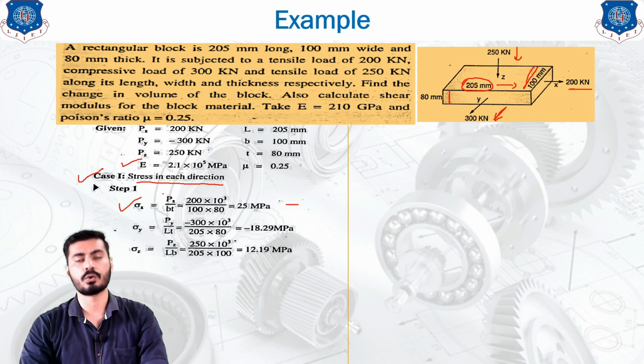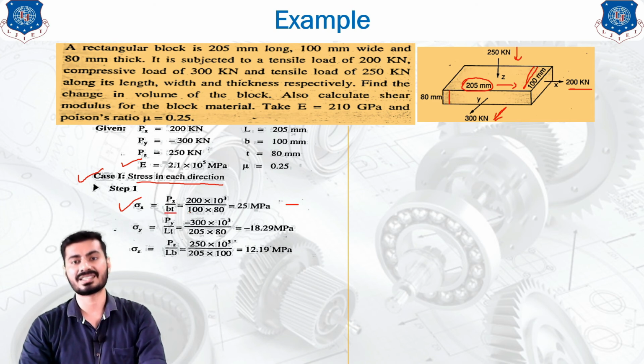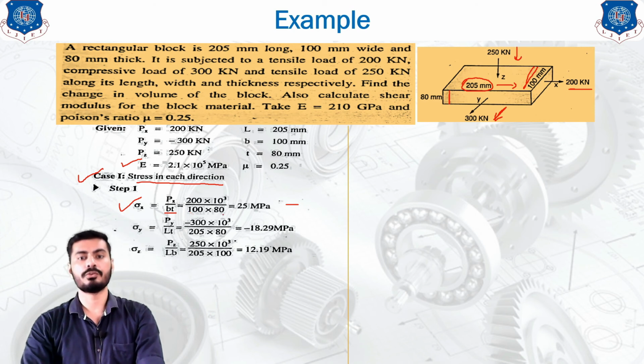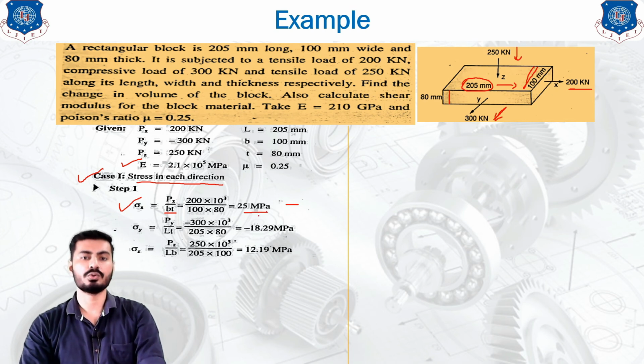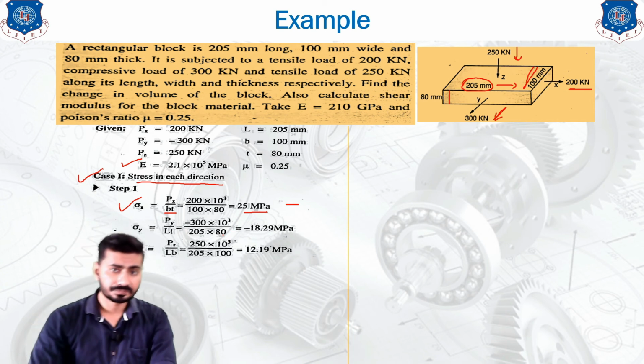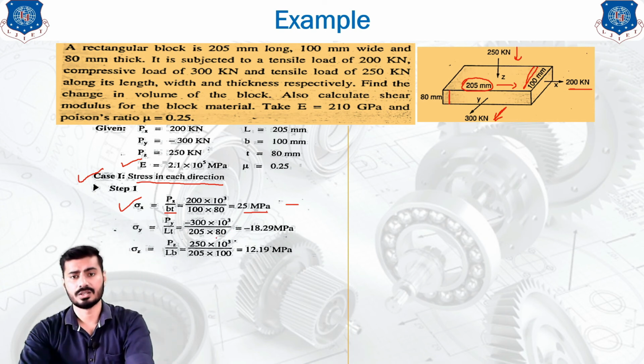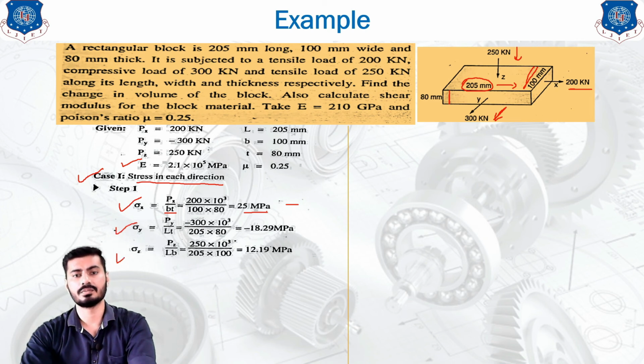Sigma equals force upon area, and the force is Px upon area B into T, which is perpendicular to the x direction. If you put those values in this equation, you get sigma x, which will be in Newton per mm square, or megapascal. Similarly, we will find the value of sigma y and sigma z.